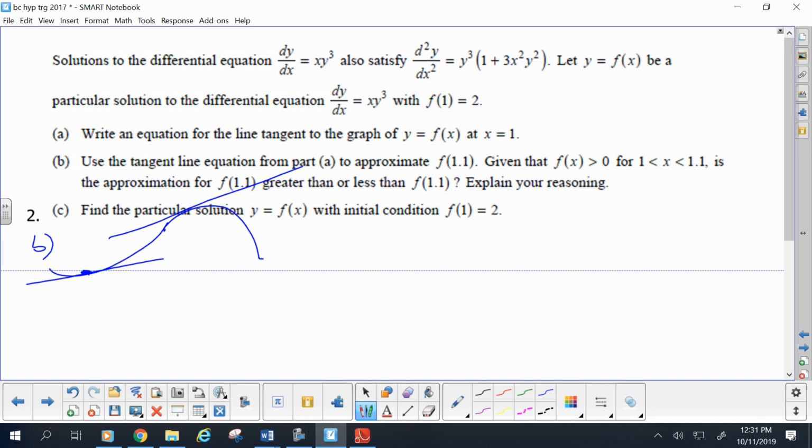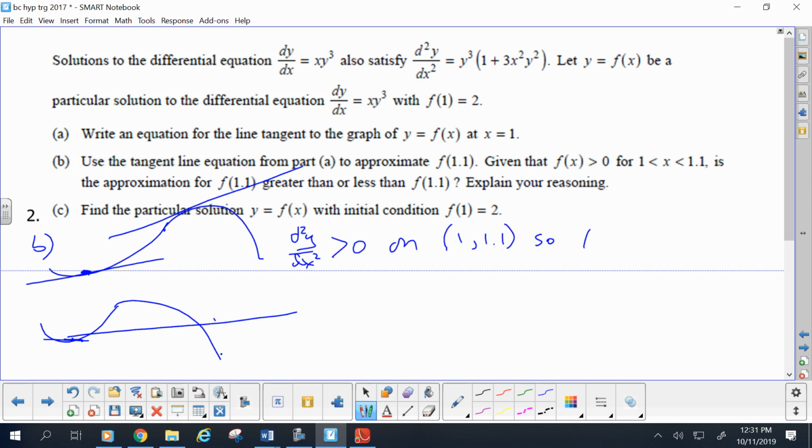Because if you say it's concave up at the point of tangency, and I'm estimating, well, what if you looked way over there? Are you going to be overestimating or underestimating anymore? Well, no, you're going to be overestimating. So it has to be concave up over the interval we're talking about. So in part B, you should be saying something like the second derivative is greater than 0 on the interval 1 to 1.1.